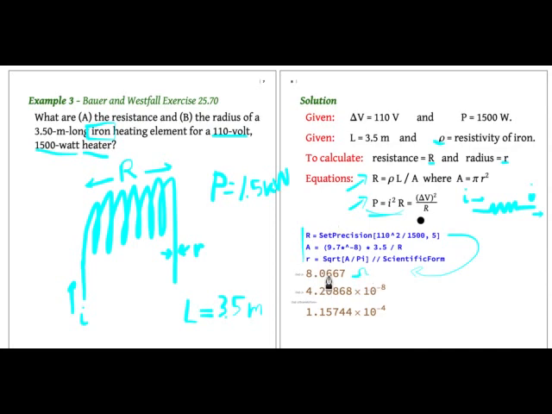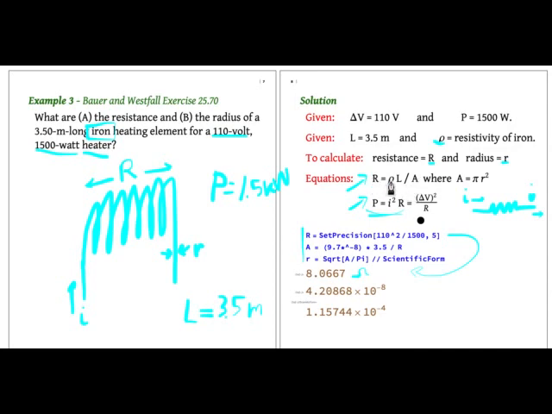So that's part A. Now part B, once we know R, we can use this equation to solve for the area. Move this to this side of the equation, move this to the other side.